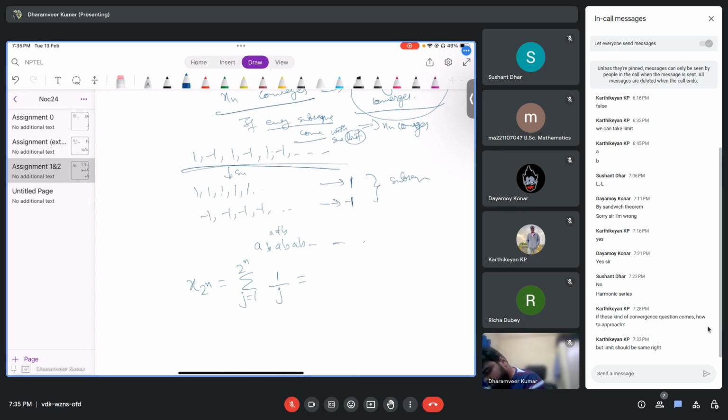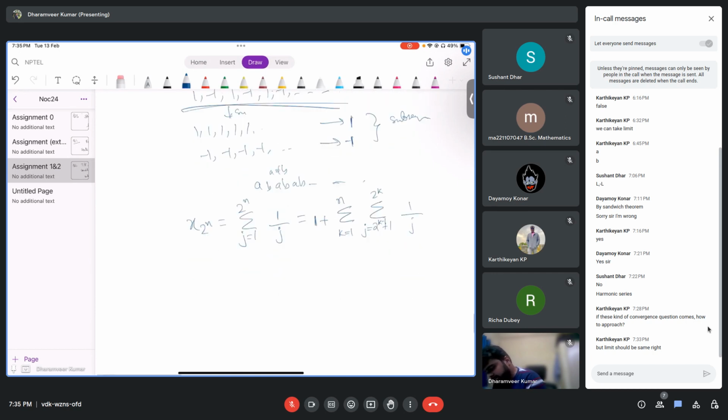Right? So this can be written as, let's say from k is equal to 1, this is 1 over 2. So when k is equal to 1, 1 minus 1 is 0, this is 2.